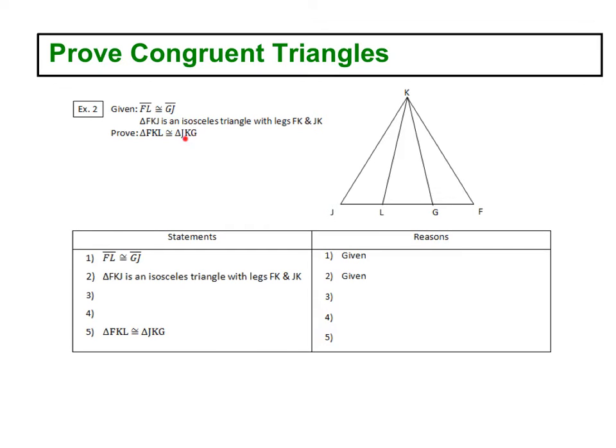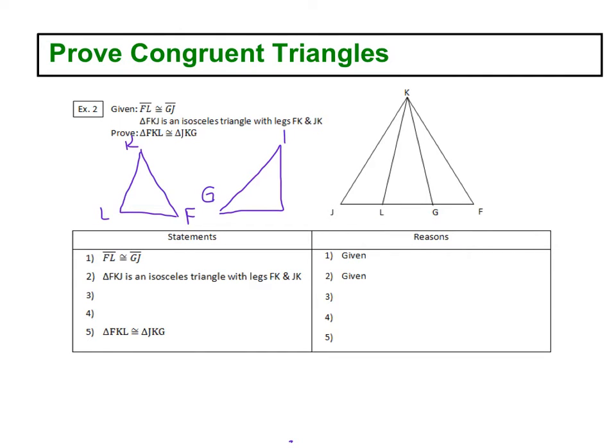So I'm going to go ahead and draw those out just so it's a little bit more clear. FKL, let's see, here we go. Looks something like this. Here's F, here's K, and here's L. We want to prove that this triangle is congruent to JKG.